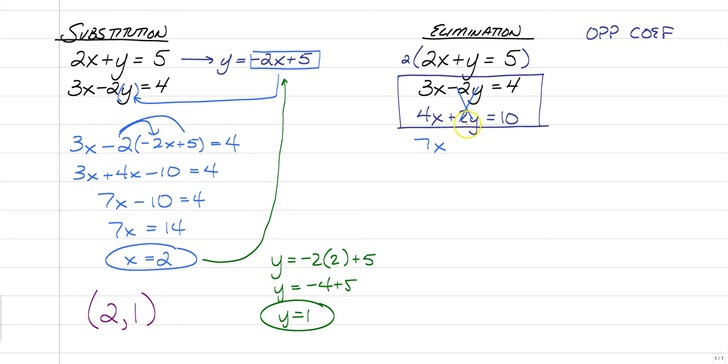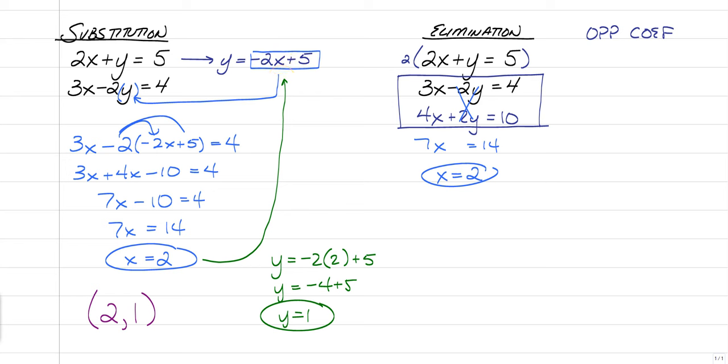That's why we want opposites, and now the y is gone. And then 4 plus 10 is 14, and it's the exact same thing as substitution. See, we have 7x equals 14, 7x equals 14. It's just a different process. Divide both sides by 7 and you still get x equals 2. And this time you don't have an easy one where y is equal to something and all you have to do is substitute it in.